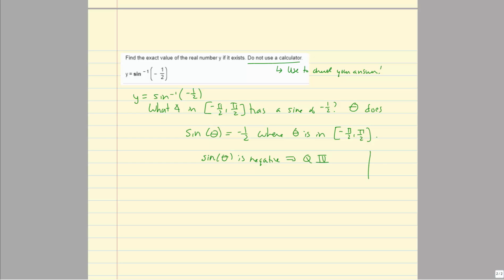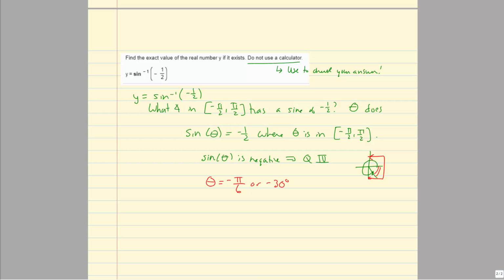Now that doesn't mean that I can rotate clear around to quadrant 4. What I need is this angle right here, because I need to be between -π/2 and a positive π/2. So I can't go outside of this region. So what I can say here then for theta is that theta equals -π/6 or -30 degrees, depending on what the instructions are asking for.